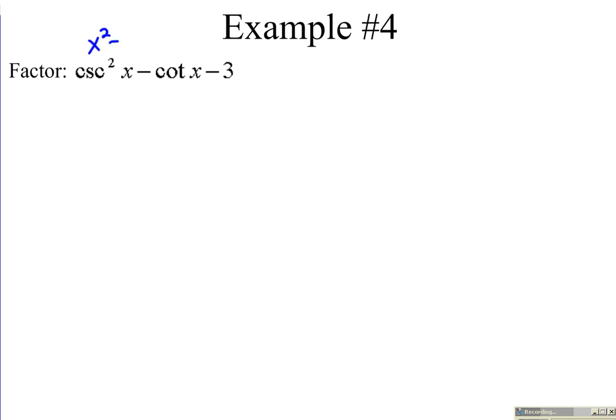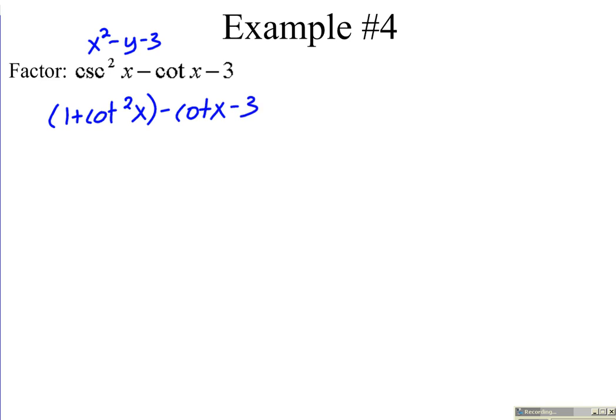Okay, the fourth one here, two different trig functions. So that would be like having two different variables, x squared minus y minus 3. There is no greatest common factor, so we can't do anything to begin factoring that until we make a substitution here. We want to write this all in terms of one function. Cosecant squared, again, we see a trig function squared. Think of Pythagorean identities right away.